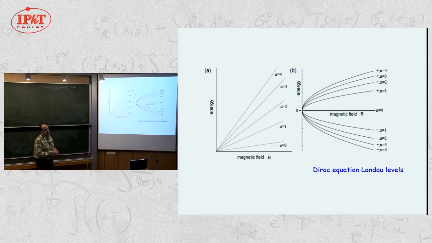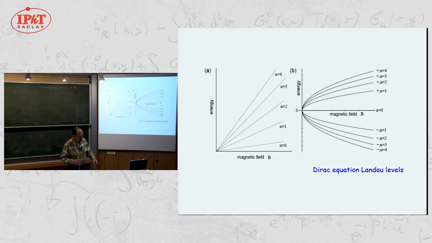And this picture happens in two copies because there is one set of Landau levels for each valley, which means that each of these states is in fact fourfold degenerate, in the sense that there are two copies corresponding to the two valleys, and then there is of course the physical spin of the electron. So if the Zeeman energy is small or even zero, then there is an exact spin degeneracy.